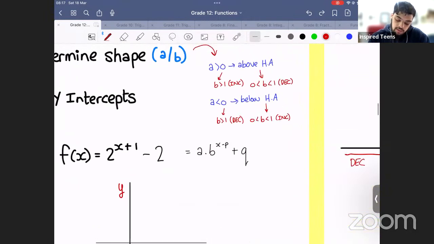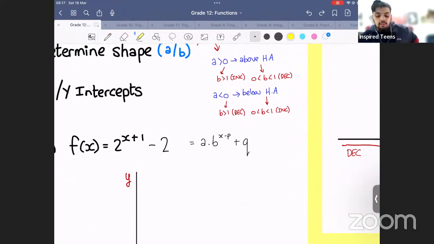Okay, so for ours, tell me now. Let's work with this example: 2 to the power of x plus 1 minus 2. Is it above or is it below? It is definitely above because A is greater than 0. A in this case is positive 1.